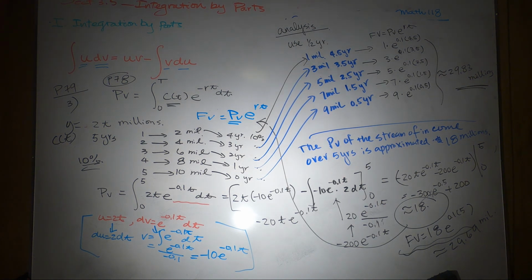If you are in the financial world later on and want to figure out those complicated things, it might be handy. Okay, so that's our section 3.5, integration by parts.